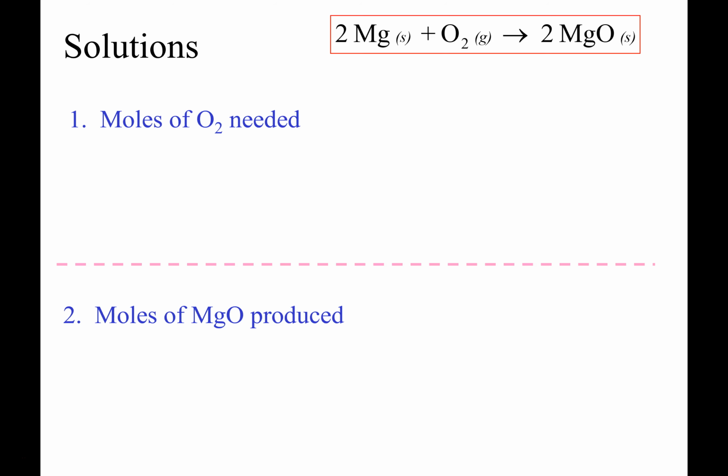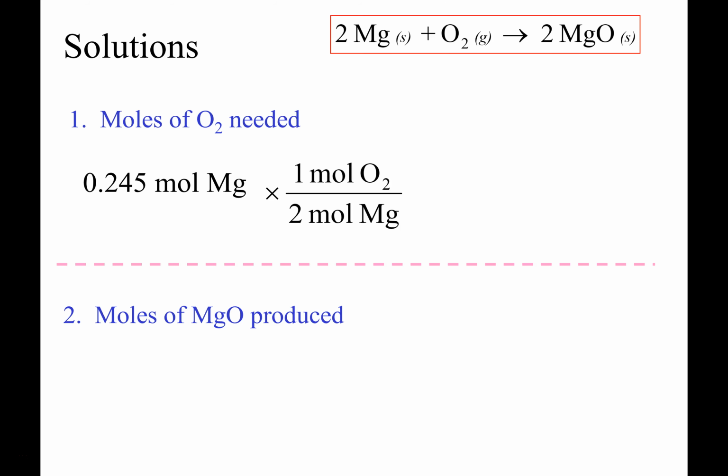So the first one. The first term in both of these cases is going to be that 0.245 moles of magnesium. I would usually put it over 1. And then we're going to slip in that stoichiometric ratio, 1 mole of O2 over 2 moles of magnesium.